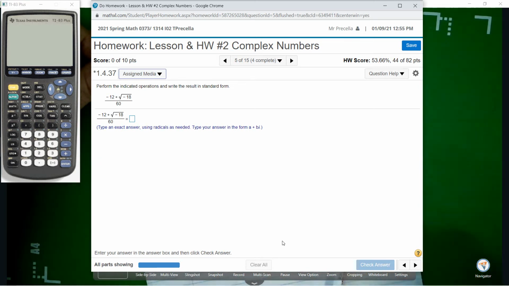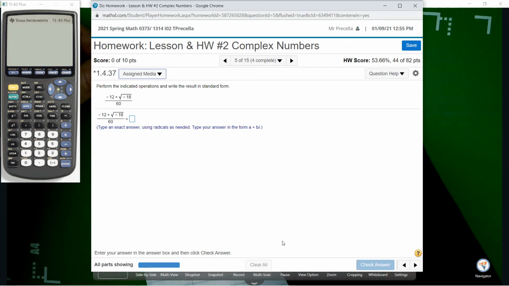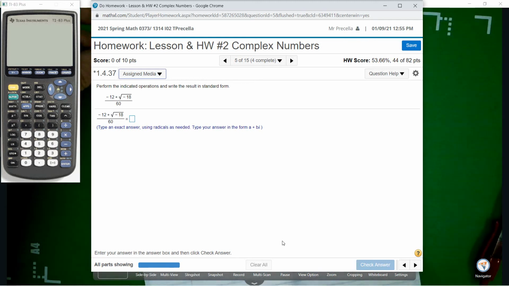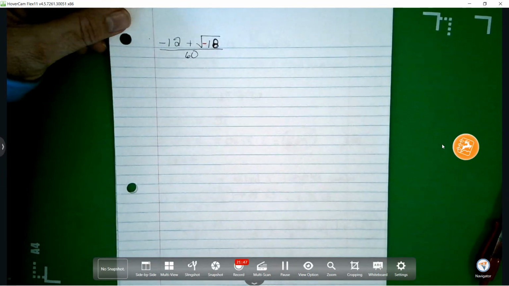I said negative 16, and I just see that that's not a 16. That is an 18, isn't it? Okay, that's an 18, not a 16. It's a good thing I spotted that. Negative 12 plus the square root of negative 18 all over 60.